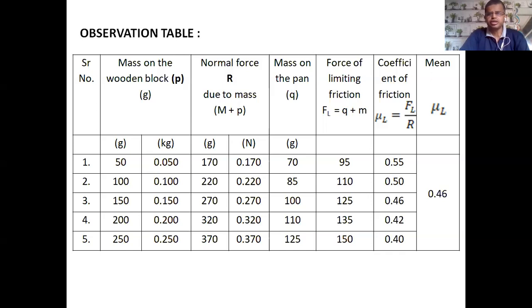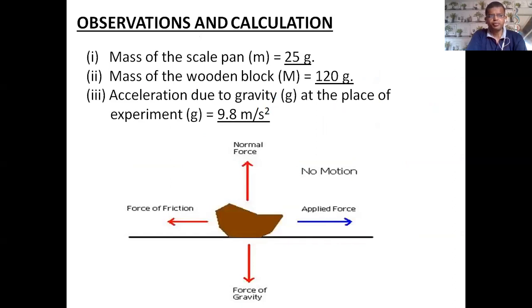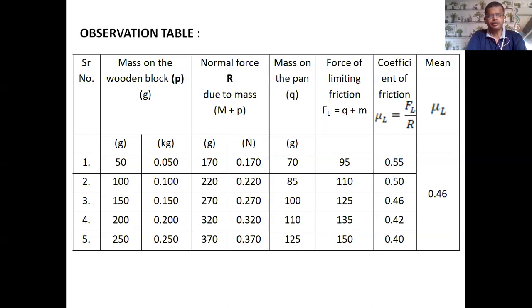Now the second column, normal force, is given on the top of the table. It is a known value: P plus M, where M is the mass of the wooden block, which is 120 grams. So to every value of small p we add 120.